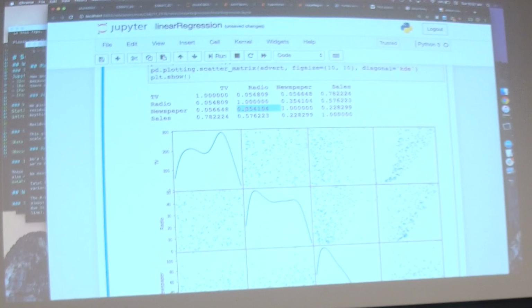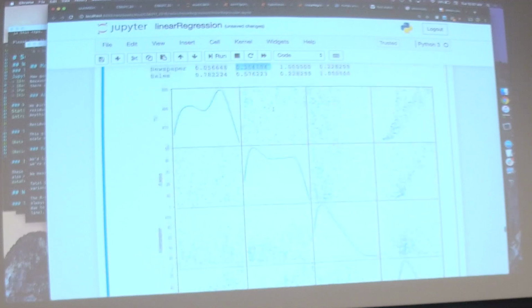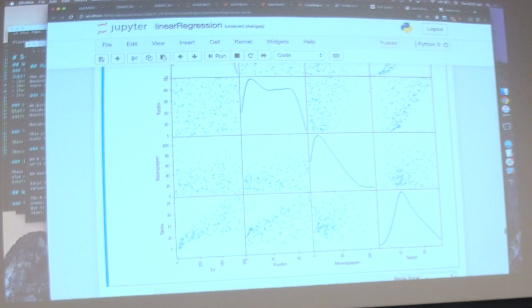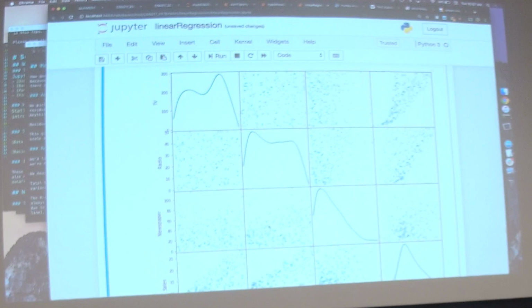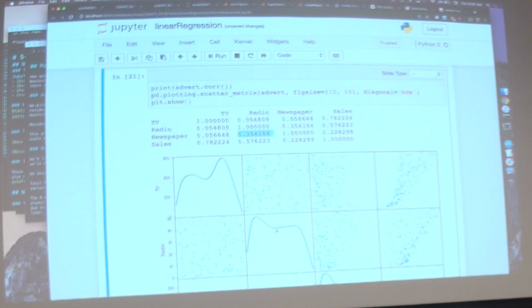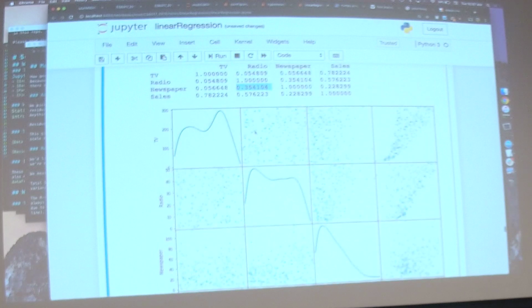So the TV seems to be not that closely related, but the radio and newspaper budgets seem to be at least somewhat related. I think that's less obvious from looking at the plot here, but the correlation of 0.35 is not super high.